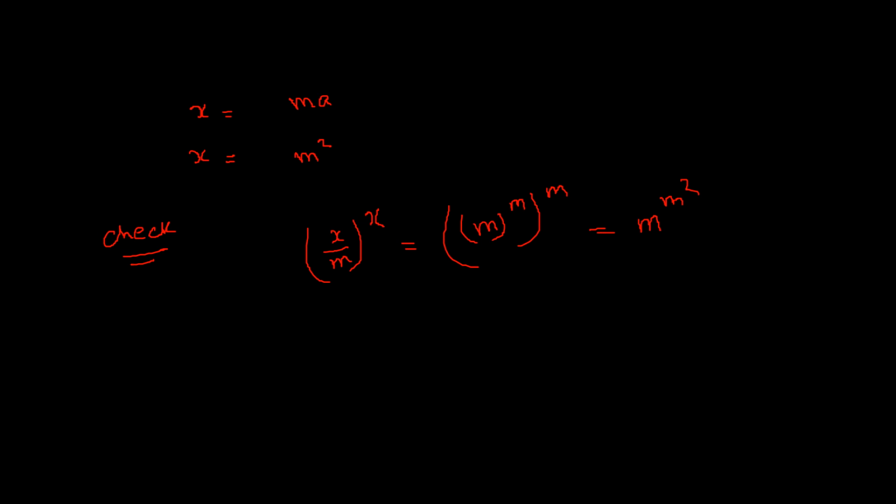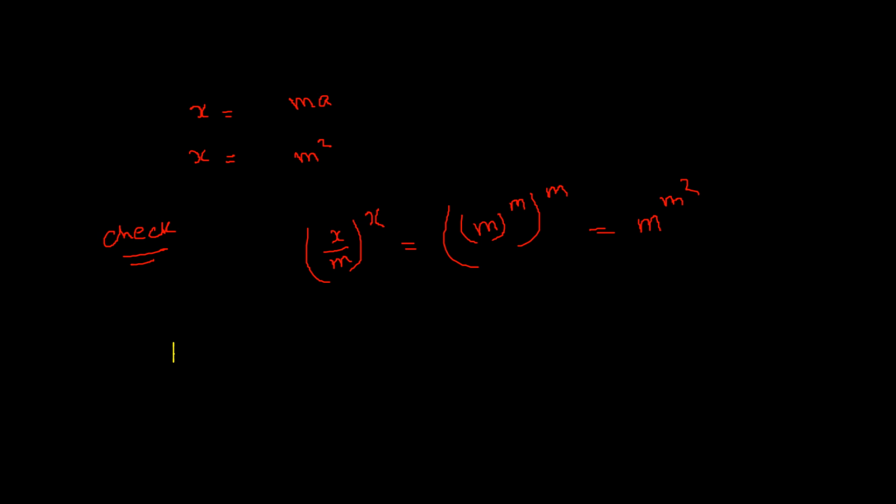Now we check whether this value satisfies the solution or not. The equation was (x over m) whole raised to power x equals (m raised to power m) whole raised to power m, and we have seen that this is nothing but m squared. First of all, we take the left side.